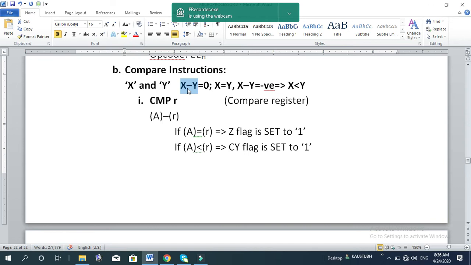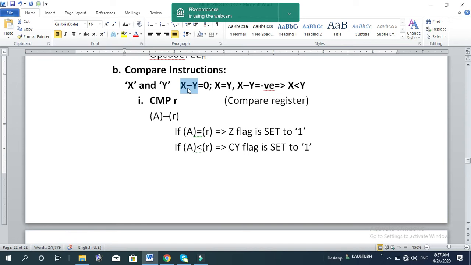But if I am comparing 7 and 5, I will do the same operation, 7 minus 5, but I am not interested in the result. Rather I am interested in the condition of the result, whether it is 0 or non-zero. If 0, they are equal. If not, then whether the result is positive. If positive, the first is greater than the second. If negative, the first is less than the second.